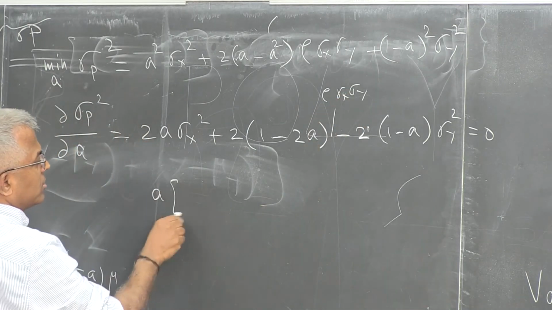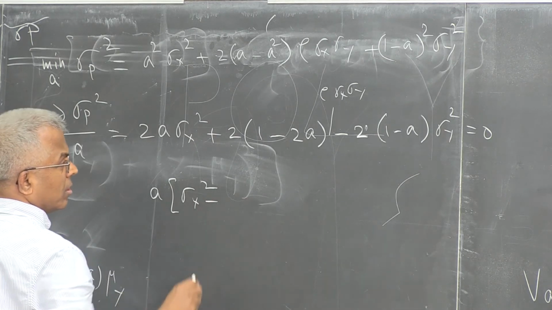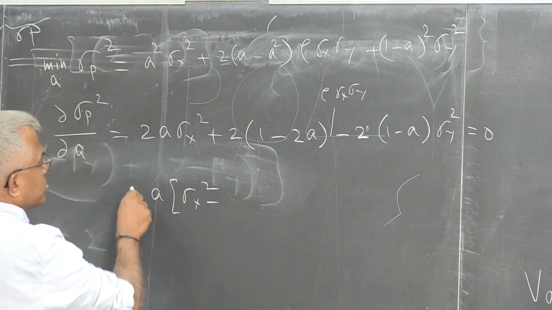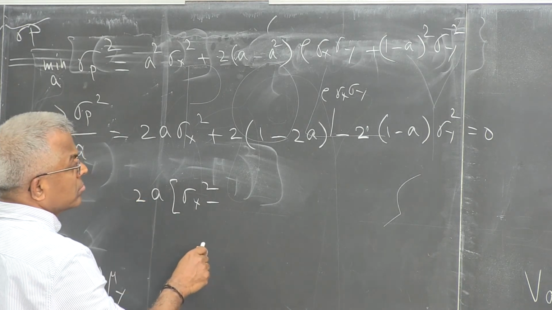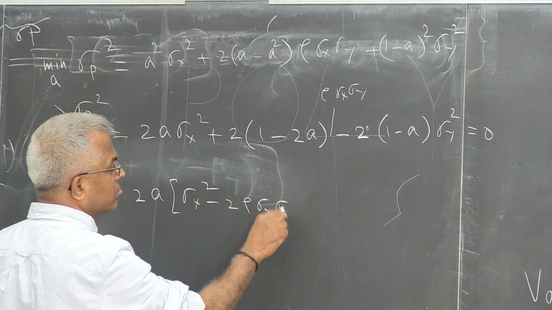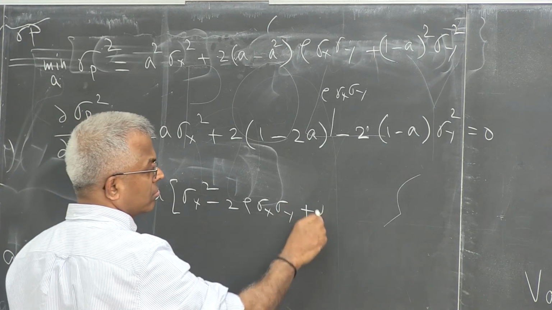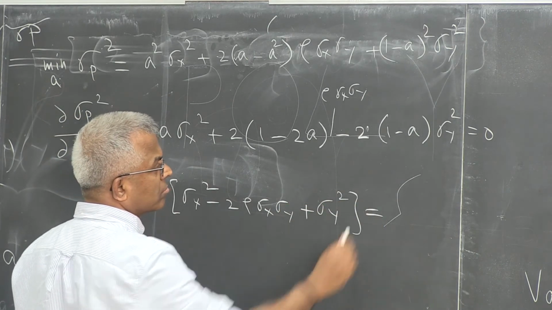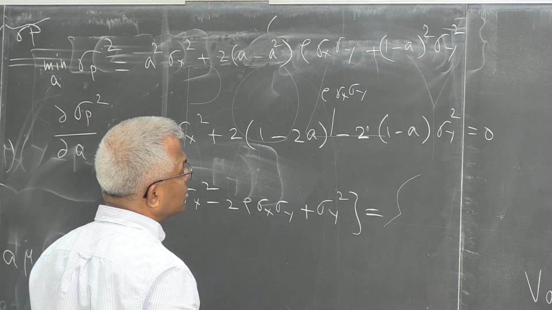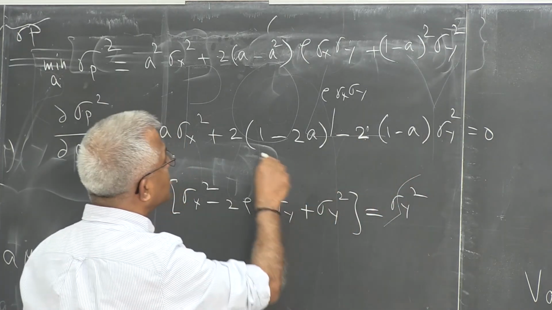So if I collect all the terms, this is sigma X squared, equal to what? Sigma Y squared, right?